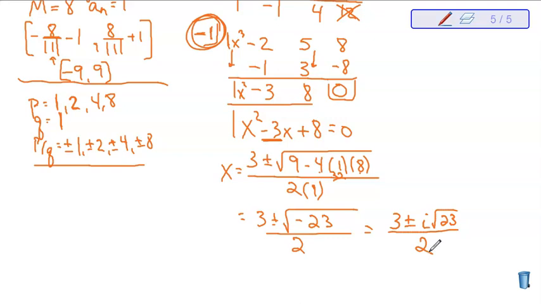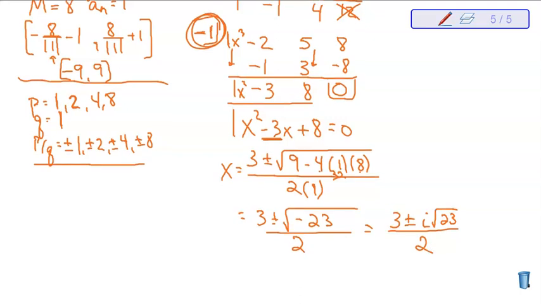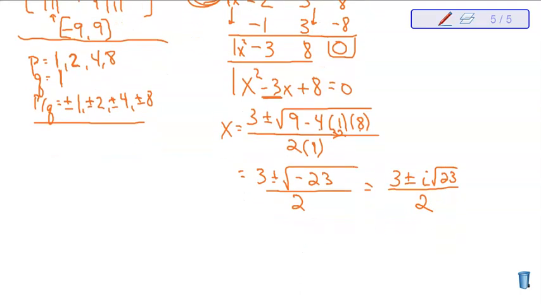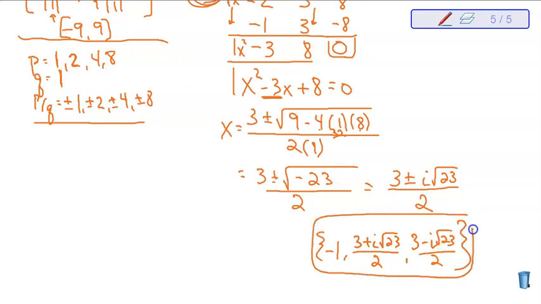So, again, you can split it up if you want, but the 3 answers that work, don't forget, negative 1 was the first one that we found. 3 plus i root 23 over 2 is the second, and 3 minus i root 23 all over 2 is the third. And that is the final solution for that cubic equation.